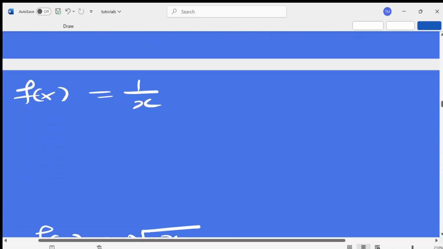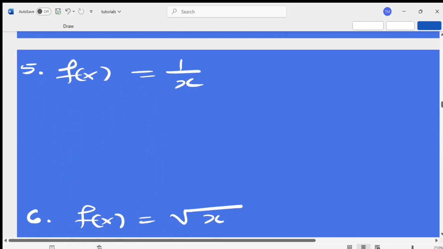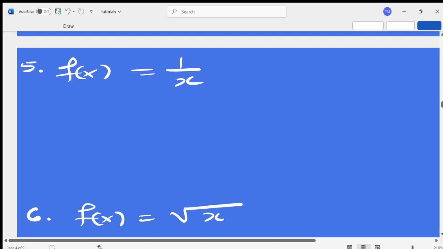So I'm going to do this one now. This is number 5. So what is f of x plus h? F of x plus h is going to be 1 over x plus h. So we're simply going to do that.